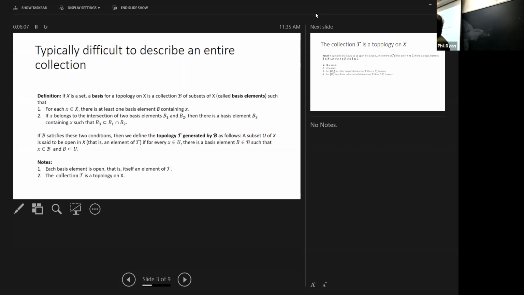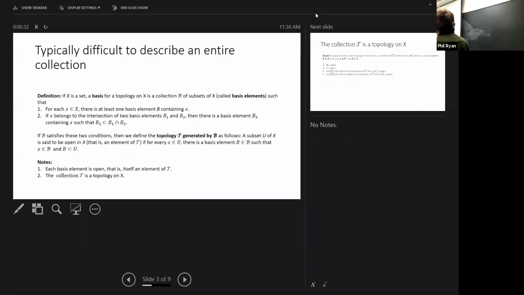That's good because quite often a generating set will be easier to talk about, and what we want is a situation where we only have to prove things for the generating set and it holds for the whole topology. So let's try that. Let's have the concept of a basis.